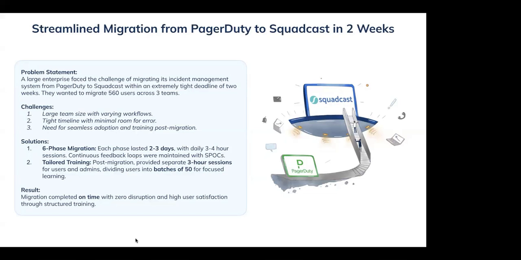After each phase, we connected with the spokes for feedback and adjustments. Once the migration was complete, we conducted separate training sessions for users and admins, each lasting 3 hours. To ensure effective learning, users were divided into batches of 50. At the end, the migration was completed on time with zero disruption and high user satisfaction through structured training.